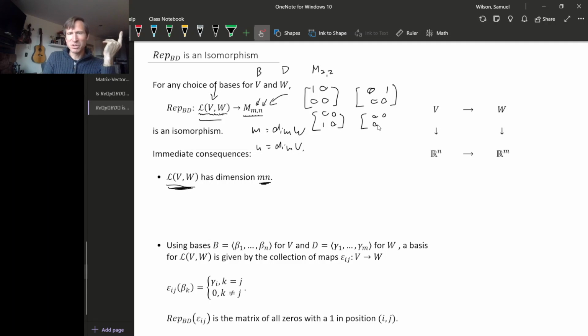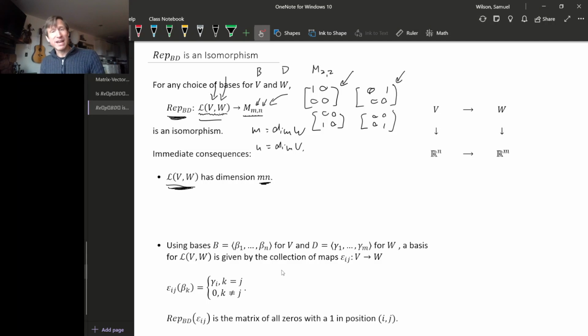And of course, there's a similar basis for any other matrix space of any size. But since this representation map is an isomorphism, if we take each one of these basis elements for M_mn and apply the inverse of the representation, we will get a basis for the space of linear maps.